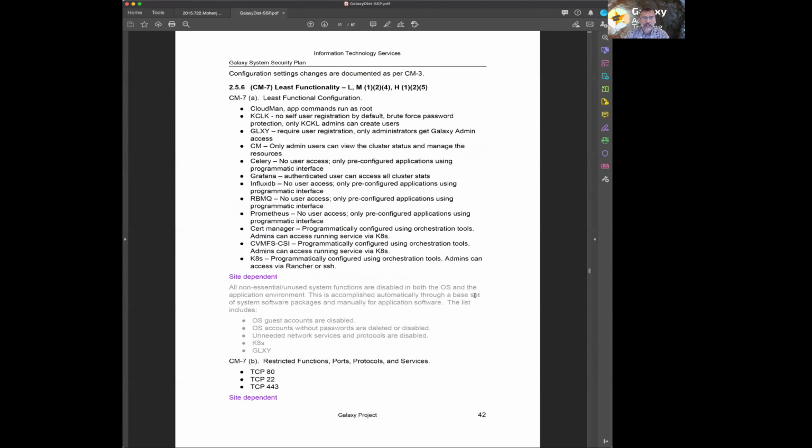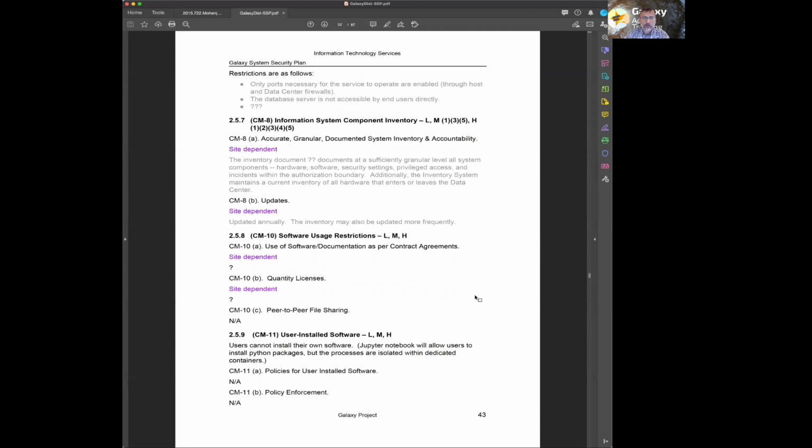Least functionality, again, the Galaxy makes sure that many of the different components have the least functionality. In certain cases they do, in certain cases they don't, but it's documented here. You would have to make sure that you have complementary controls in place for operating system or any other things that you might be running.